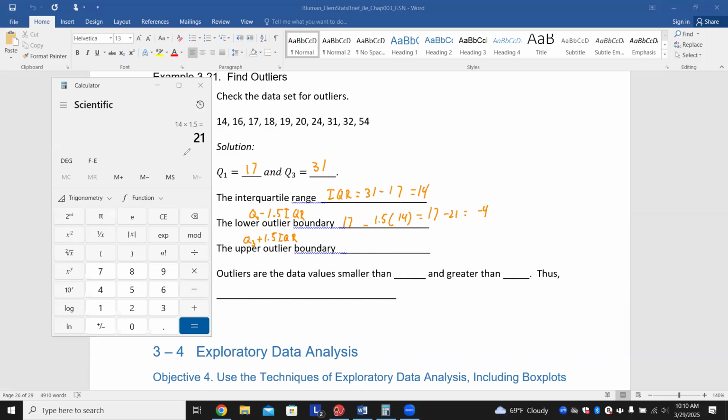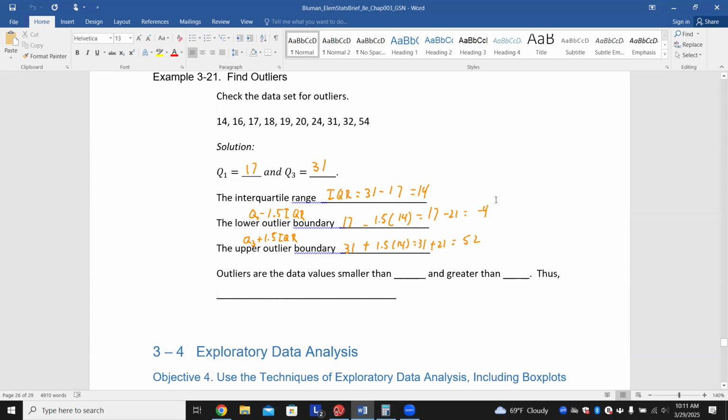I then take this Q3, my Q3 was 31, so 31 plus 1.5 times 14, so that'd be 31 plus 21, which would be 52. So any number that falls on the outside of -4 or 52 would be considered an outlier.